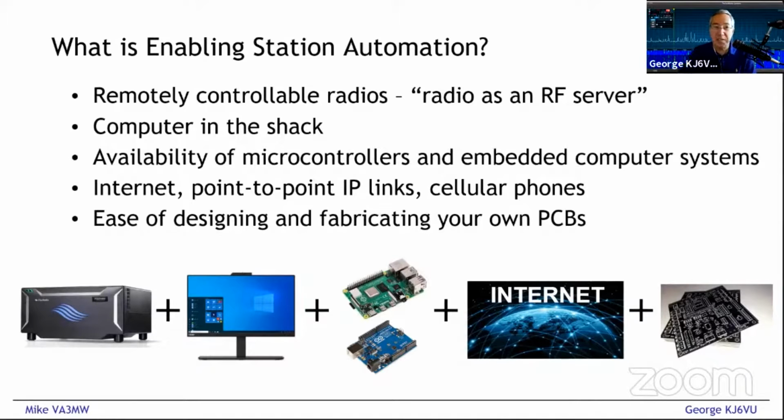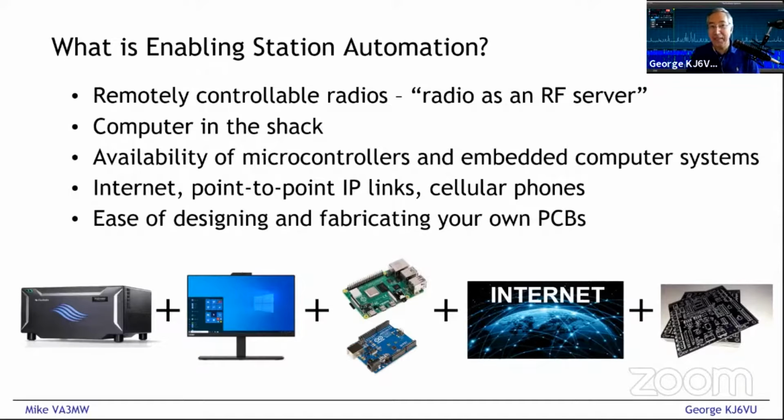The other thing, of course, is the computer in the shack. 20 years ago, the question might have been, do you have a computer in the shack? These days, it would be very odd not to have one. So computers are ubiquitous. The availability of microcontrollers and embedded Linux systems like Arduinos and Raspberry Pis is much more accessible to us, and the hardware that sits around them is very readily available and very inexpensive.